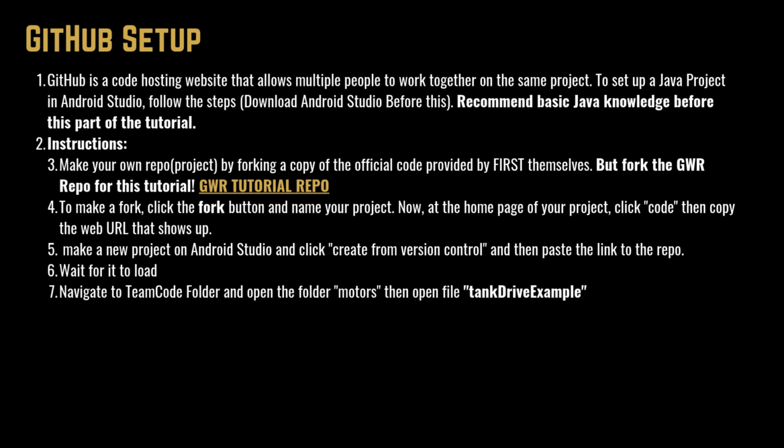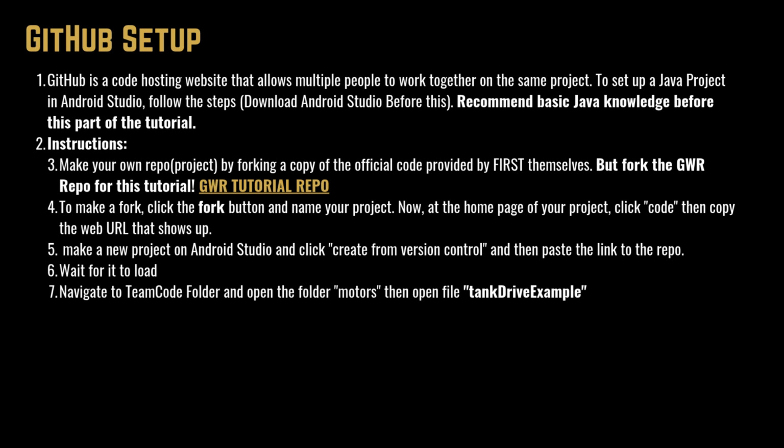Next, you have to open up Android Studio. After you install it, of course, following the install instructions on Google, click the button that says create from version control. Paste in the link from the repository. Next, after it loads up fully, navigate to the team code folder.